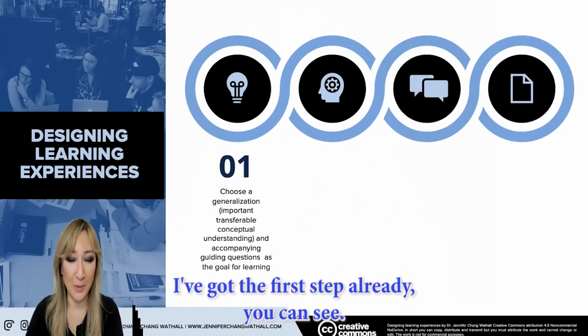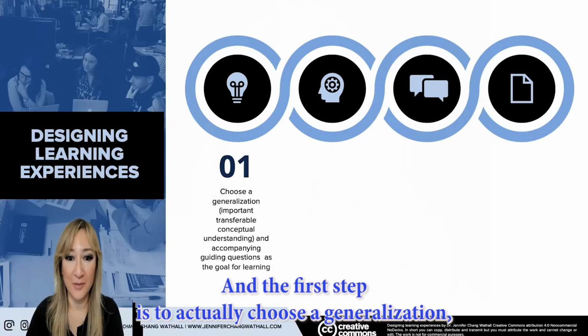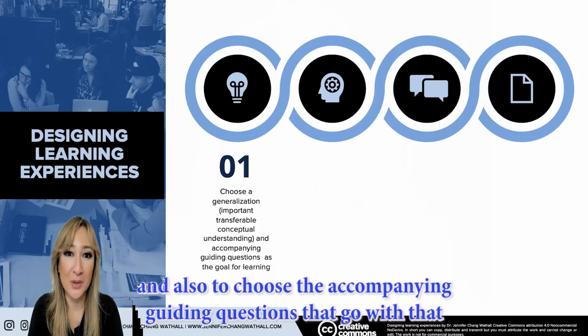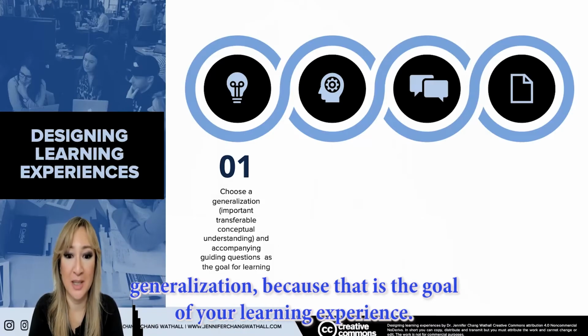I've got the first step already, you can see, and the first step is to actually choose a generalization, which is an important conceptual transferable understanding. And also choose the accompanying guiding questions that go with that generalization, because that is the goal of your learning experience.